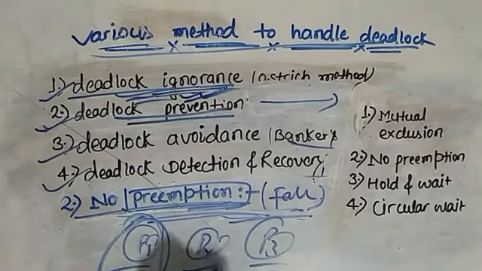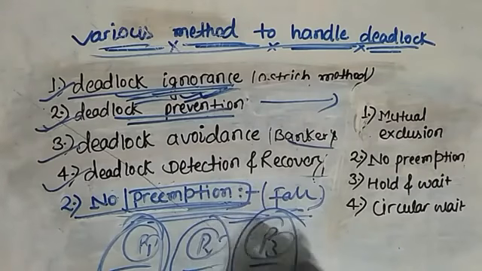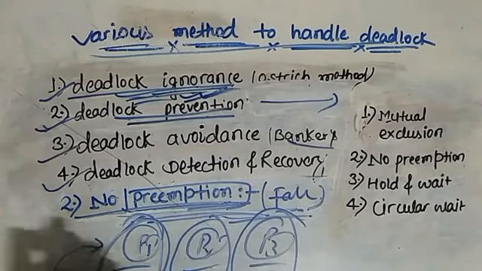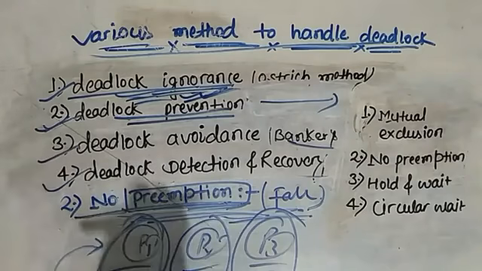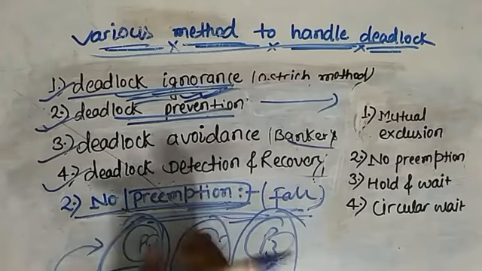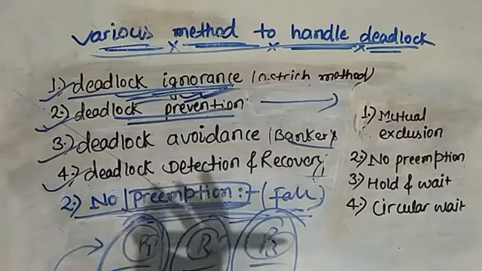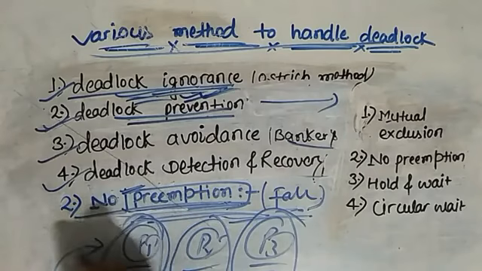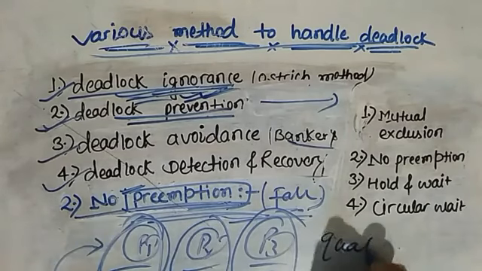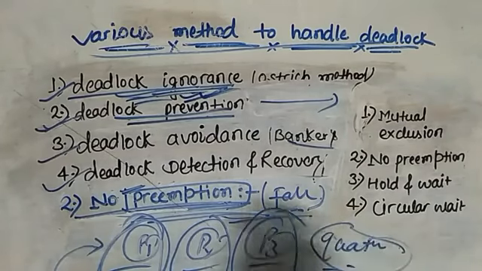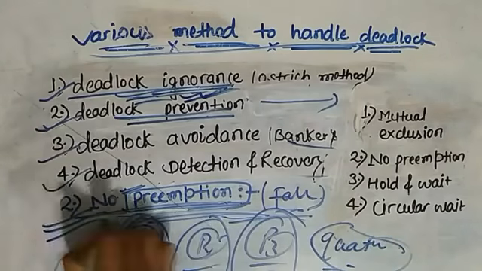If not, then the resources will be preempted and given to P2. In a similar way, P3 will also get them. When P3 completes, P1 will get them again. In this sharing and preemption way, they complete their tasks and there is no deadlock occurring. So by giving a quantum of time, we can negate no preemption.